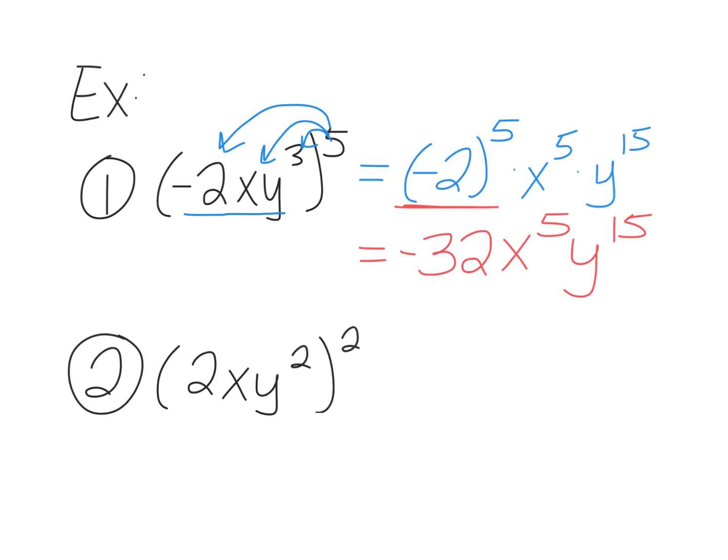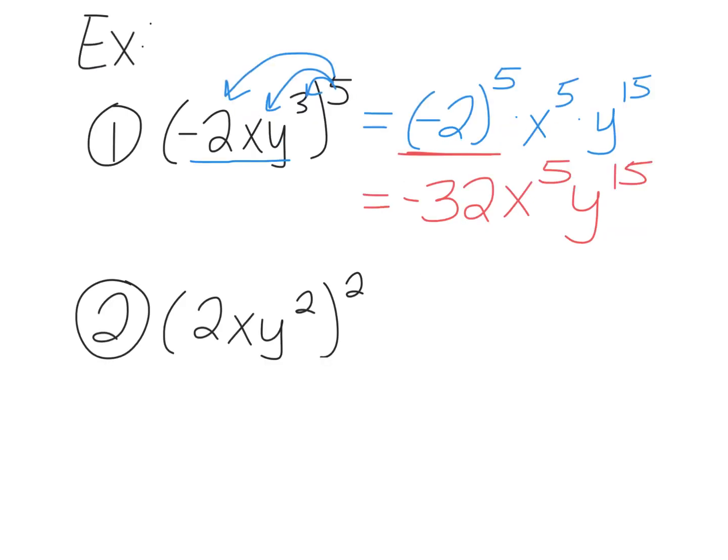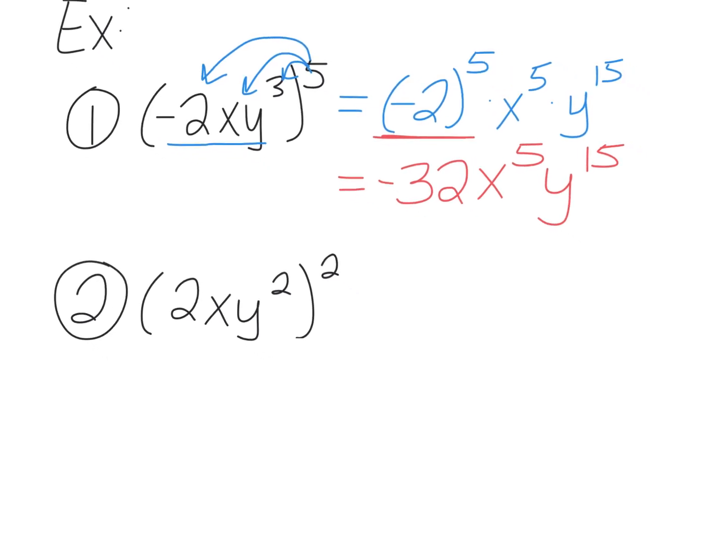Okay, go ahead and try number 2. Okay, number 2, we have the product of a power. So what do we need to do? Take that exponent to each term, right? So we have 2 squared. What else do we have?